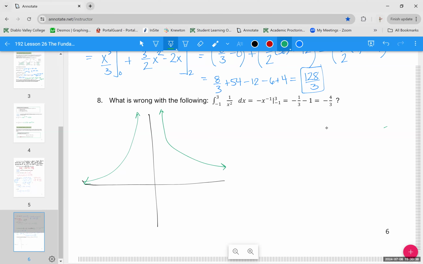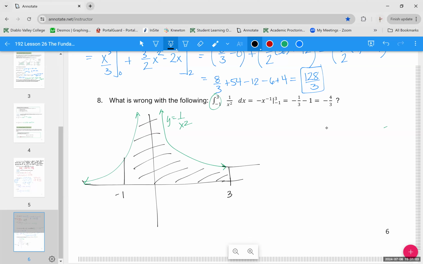Generally, I don't have labels on x's and y's here, but this is generally what 1 over x squared looks like. And this region would give us a, let's say this was -1, I guess 3 would be way out here somewhere. What's wrong with this picture?